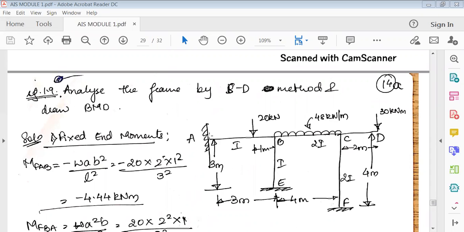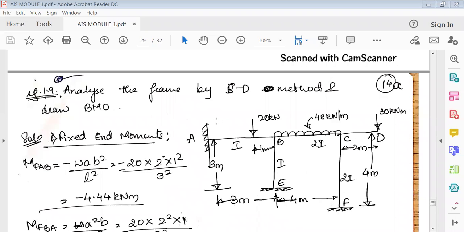What they've told here is end A is fixed. This is a frame, and E and F are also fixed, and D is an overhang. CD is an overhang. Just by seeing the problem, you can conclude whether it is a sway frame or a non-sway frame.